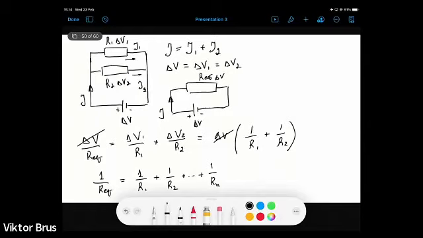We discussed this in detail previously. I just remind you so that it does not confuse you. You need to distinguish clearly between capacitors and resistors in terms of calculating their equivalent values when you deal with electrical circuits.